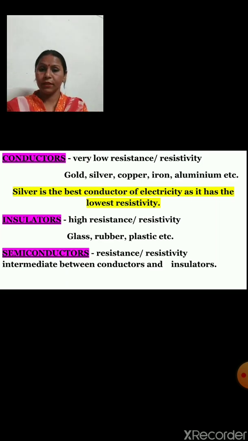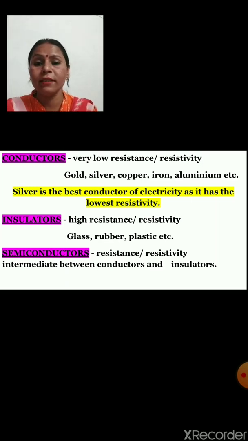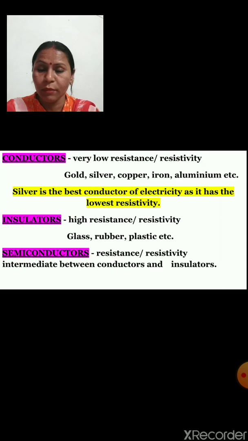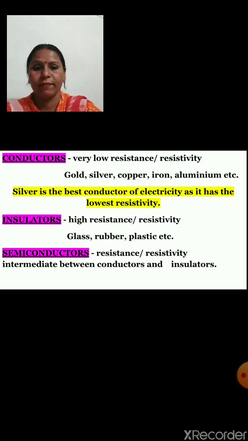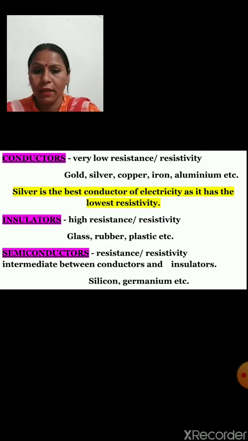So what is the definition of semiconductors? Semiconductors are the substances which have resistance intermediate between conductors and insulators. The examples of semiconductors are silicon, germanium, etc.